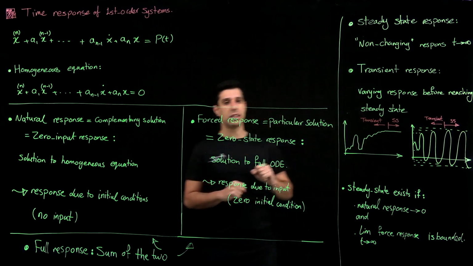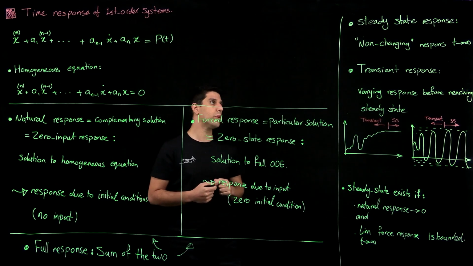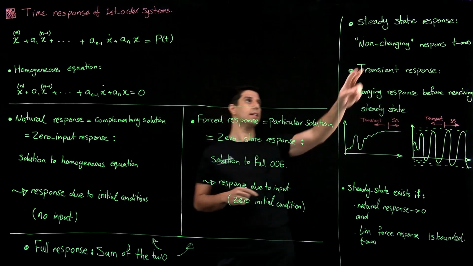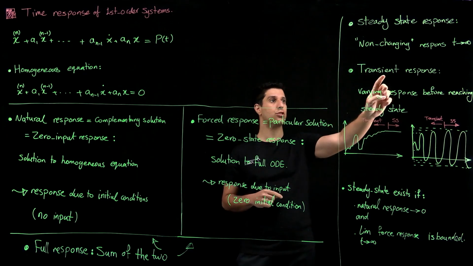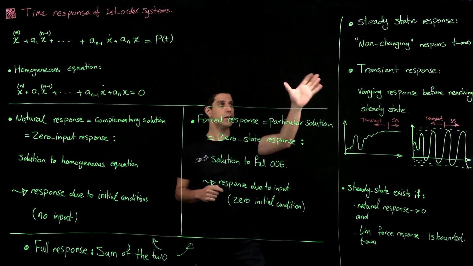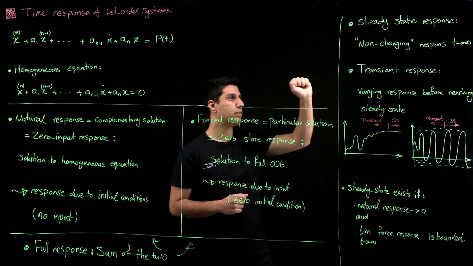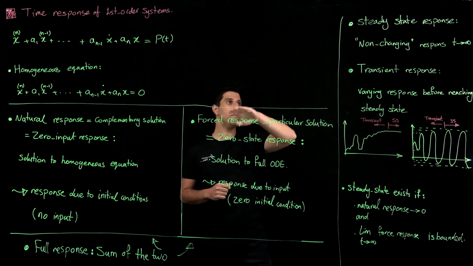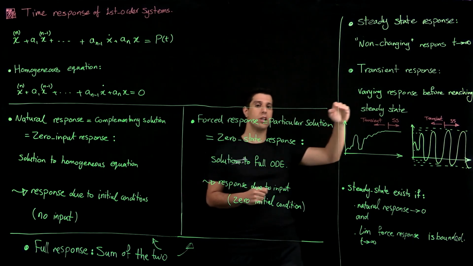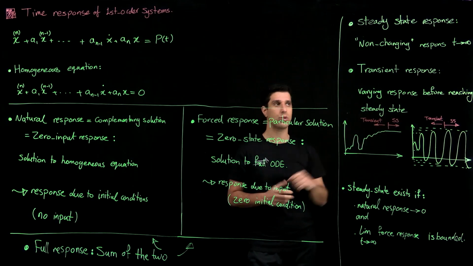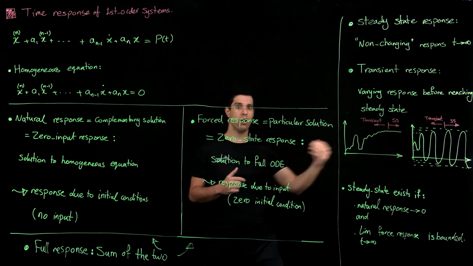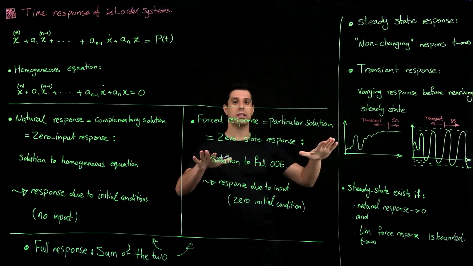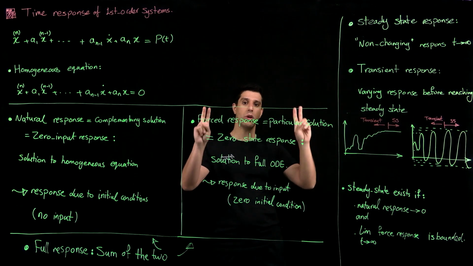Another two pieces of terminology that we will come to often are steady state response and transient response. It is easier to think about a steady state first. A steady state is essentially any behavior that doesn't change with time as time goes to infinity. So in long time horizons, the system remains quote unquote stable.